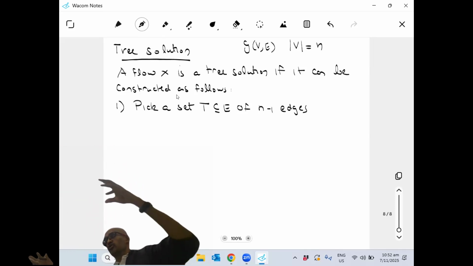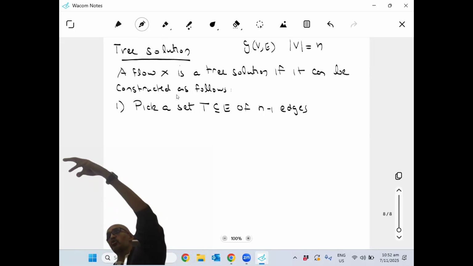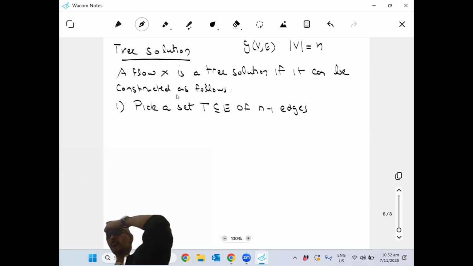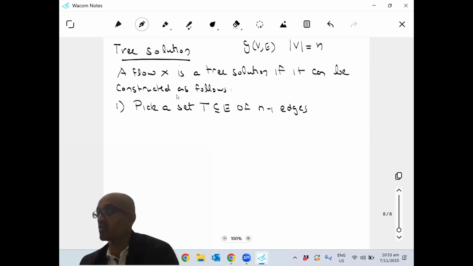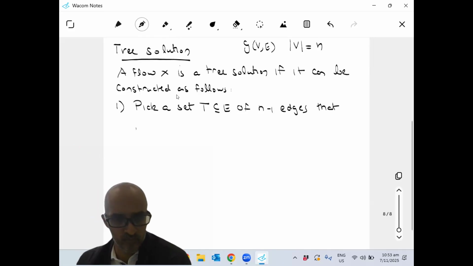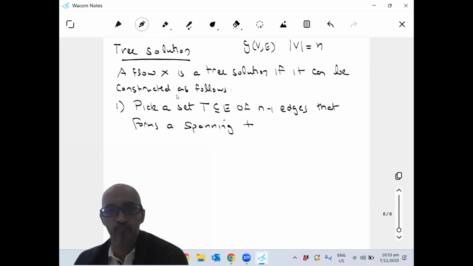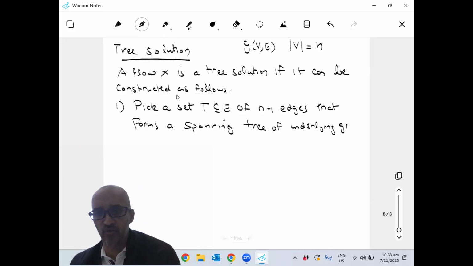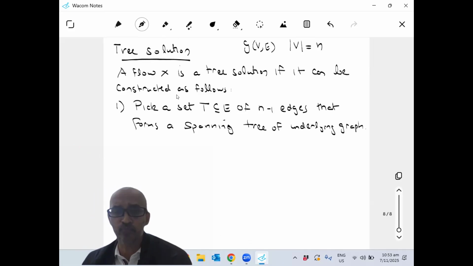If I've got 5 nodes, how many edges should a tree have? 4. So you require n minus 1 edges. Pick a set T of n minus 1 edges that forms a spanning tree of the underlying graph. That's a tree.